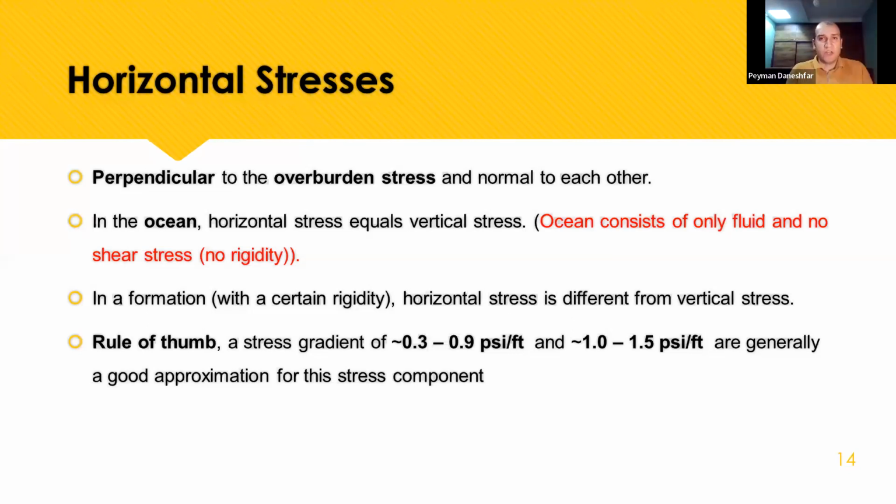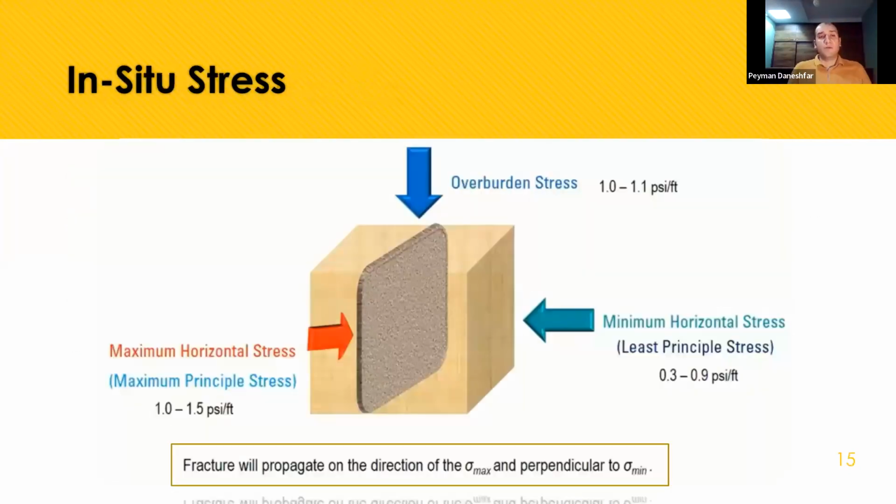As you can see, just for showing you the direction of the in-situ stresses, overburden on top, maximum and minimum. An important thing you should keep in mind: the fracture will propagate in the direction of the maximum stress, perpendicular to the minimum stress. Keep this in mind, because we need it for choosing the direction of the fracture in hydraulic fracturing.